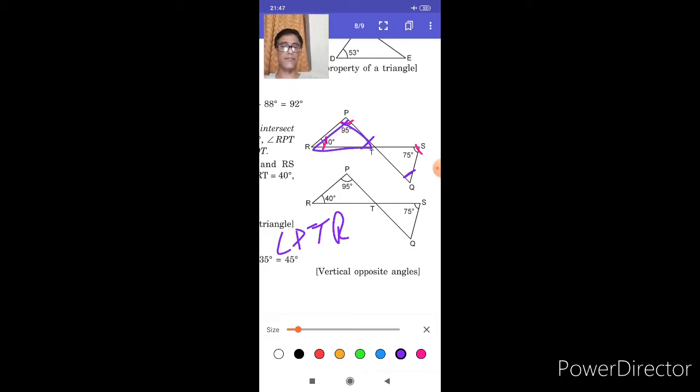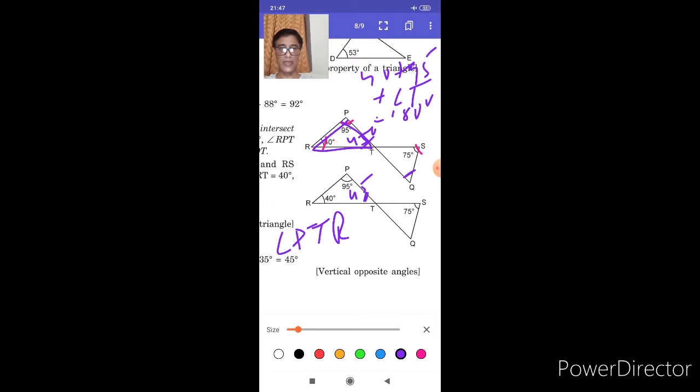In this triangle, if you apply the angle sum property, that means 40 plus 95 plus angle T equals 180 degrees. So from here angle T is 180 minus 135, that means 45. So this value is 45.